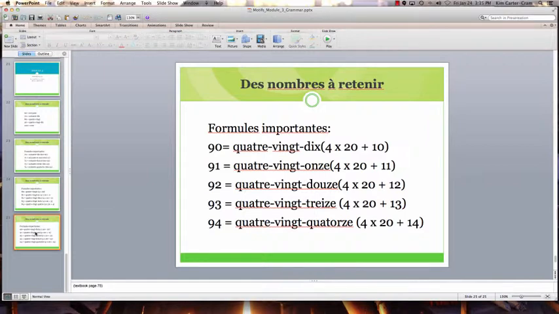Up at the end, we have to say 4 20s plus 10 plus 7, 4 20s plus 10 plus 8, 4 20s plus 10 plus 9. So 99 is 4 20s plus 10 plus 9. Isn't it nice when you get to 100 and it's cent?